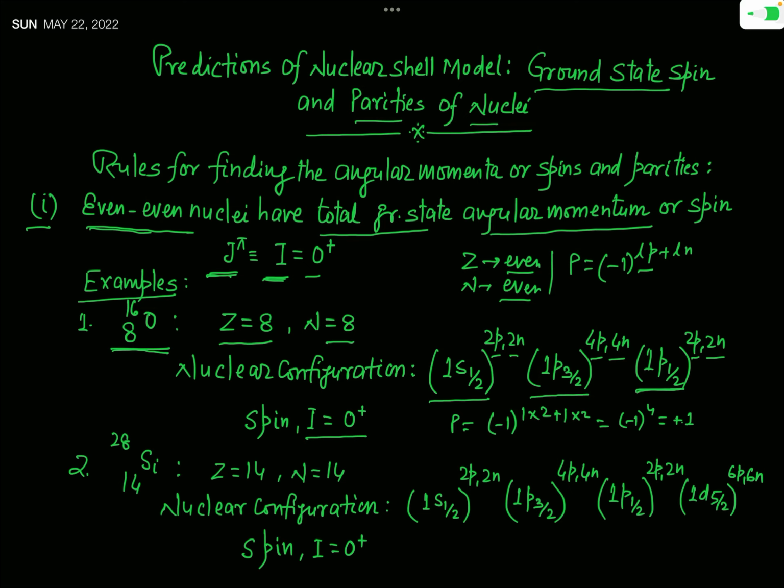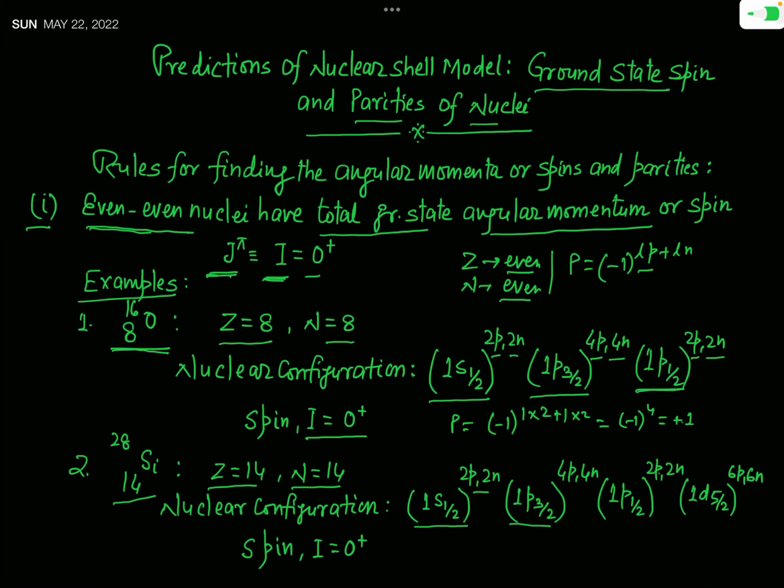Another important example is 14Si28. You can see in this nucleus Z is equal to 14 and N is also equal to 14, because Z plus N is 28. And what will be its nuclear configuration? This is 1s1/2 2p 2n, 1p3/2 4p 4n. As you know, why 4?